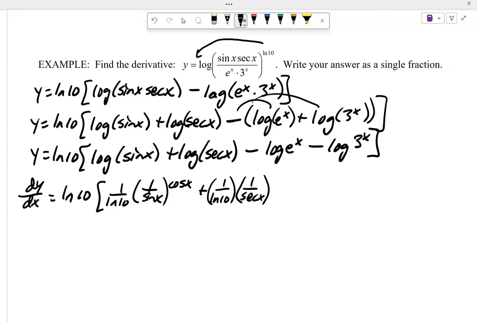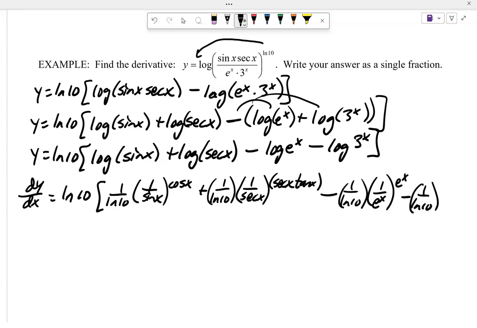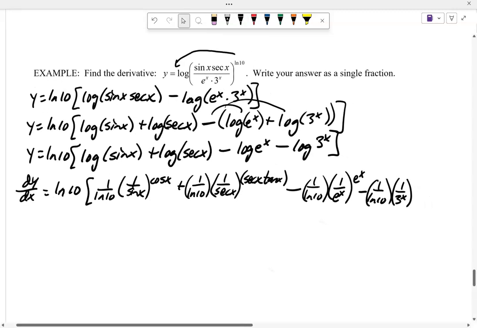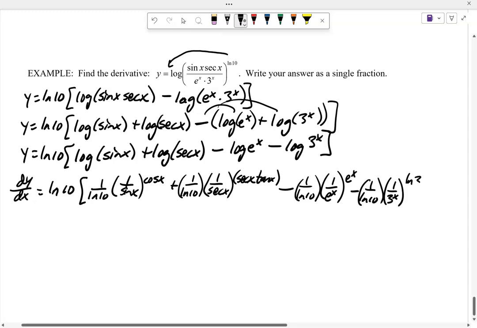And then I've got the derivative of the secant, which is secant tangent, minus 1 over ln of 10, 1 over that e to the x. Derivative of e to the x is ln of e to the x. Of course, the ln of e is just 1. Minus 1 over ln of 10, 1 over 3 to the x, times the derivative of 3 to the x, which is ln of 3 to the x.